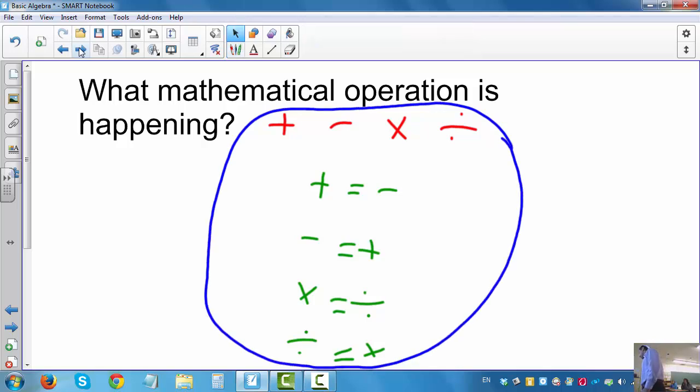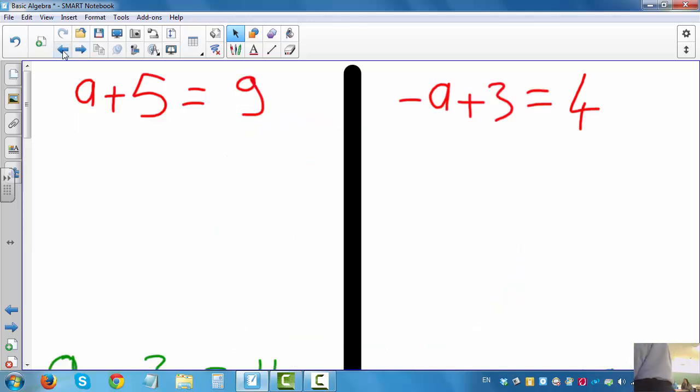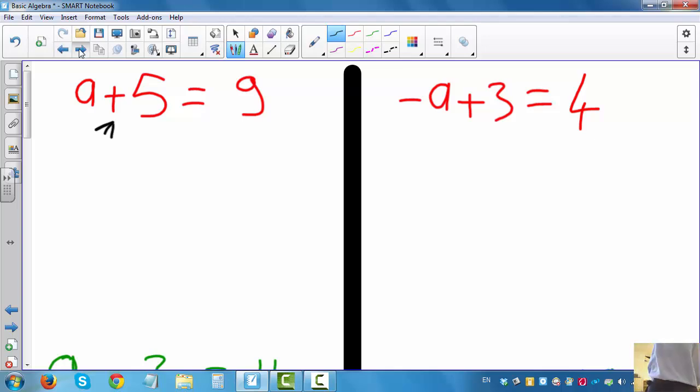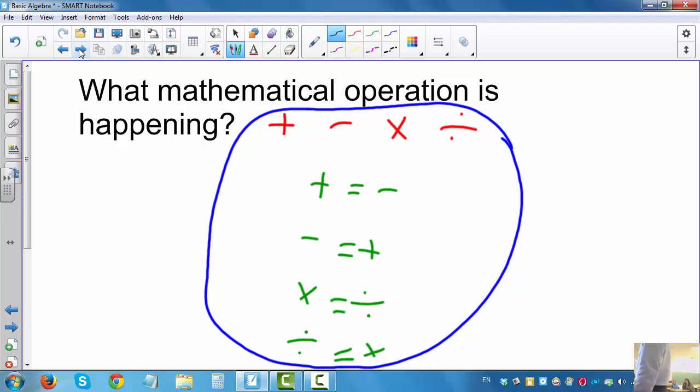What mathematical operation is happening? So looking at here, the operation happening here is addition. So looking at the rules, if you see addition, on the other side it will be a subtraction. So let's work on that.